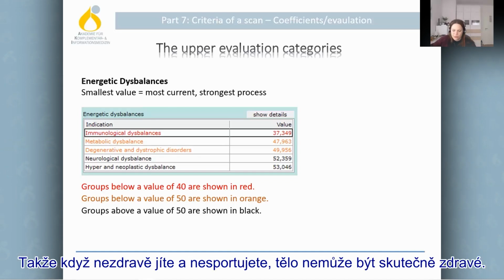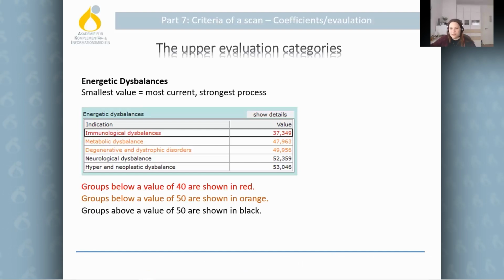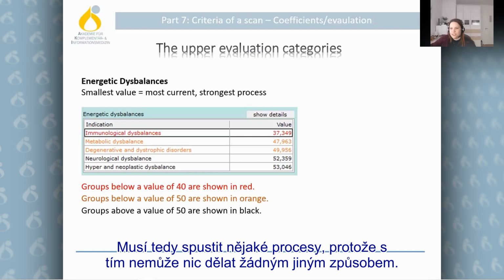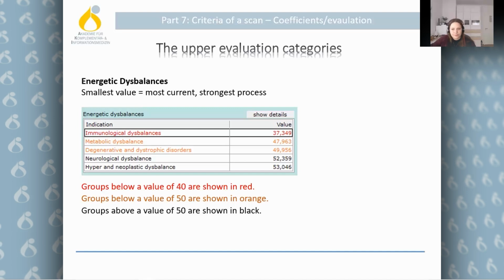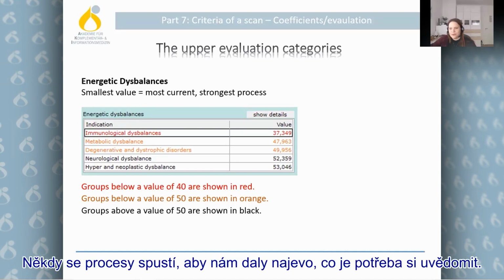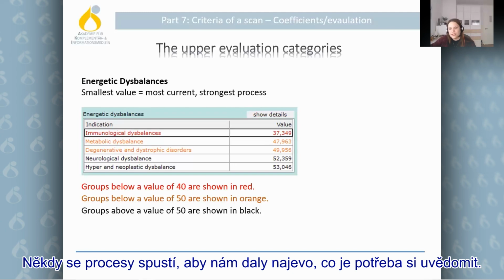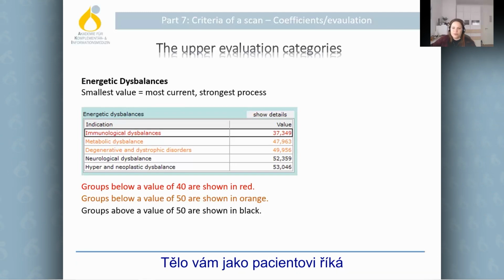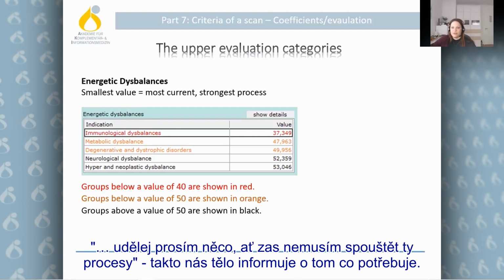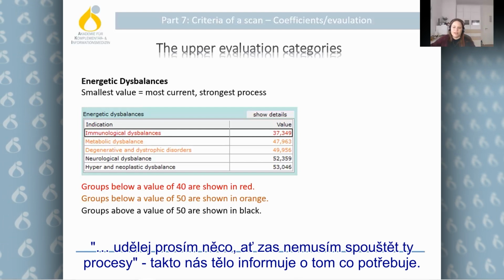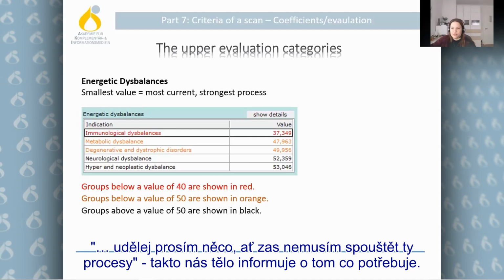So it needs to start processes because it's not able to do it in any other way. Sometimes processes are started to show us where to have a closer look. So the body tells you as the patient, please look at this structure, please do something so I don't have to do this process anymore. So this is the body that wants to give us this information.